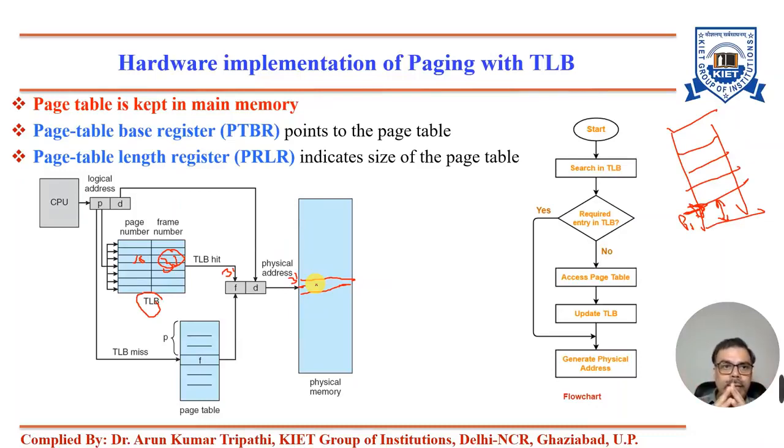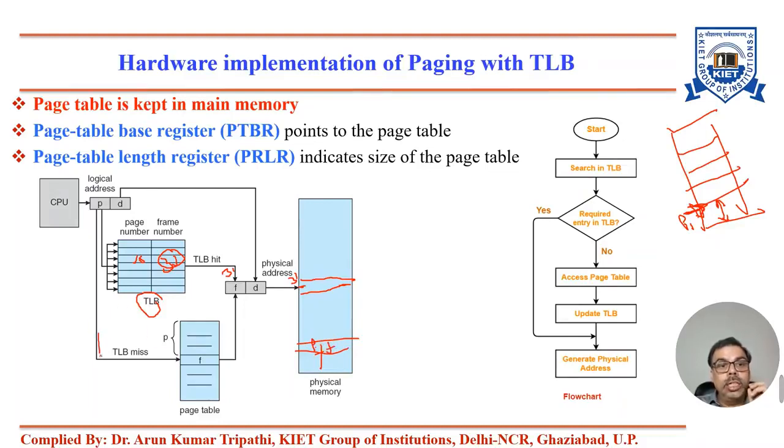If suppose it is not found, then this is known as a miss. That means we have not found it, we have missed. When it has missed, it will search for the page in the page table. It will go into the physical memory, search for the page table, and in the page table there is a mapping from page number to frame number.